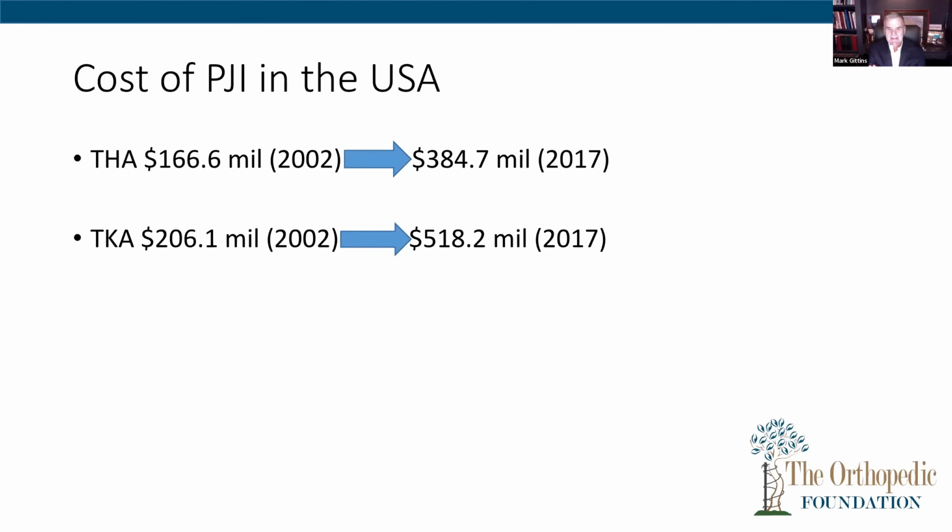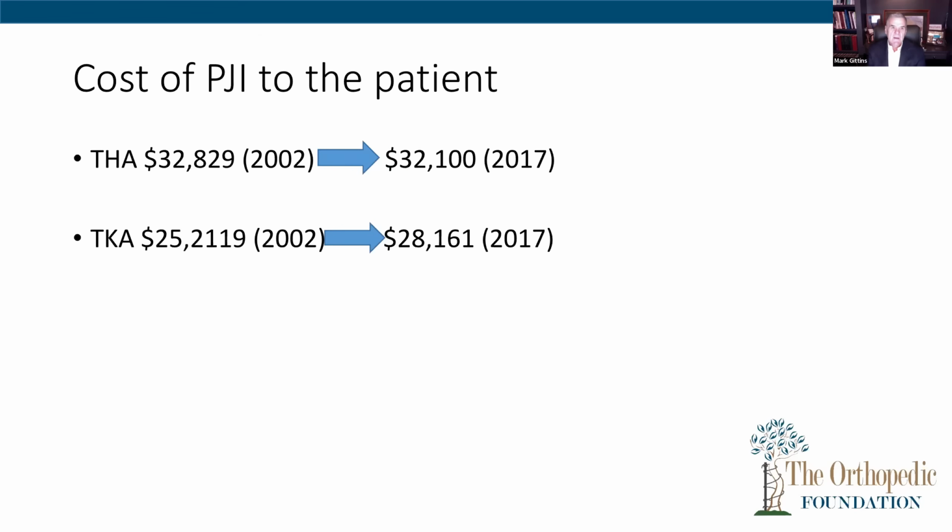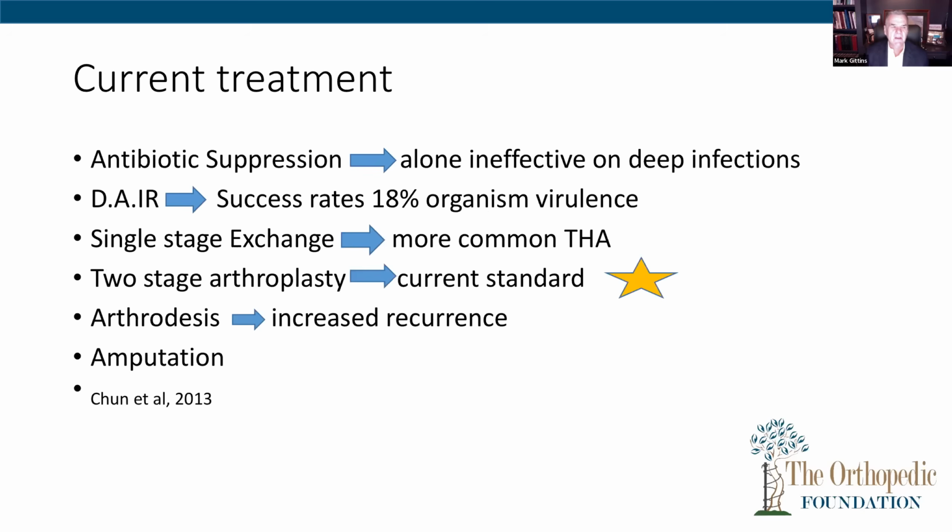So we're seeing significant dollars going towards the treatment in the U.S. budget. What's this mean to the individual patient? Somewhere around $30,000 per episode between hip and knee arthroplasty, and at least 2 surgeries. So to work on this, it's at least 2 surgeries for the patient. So there's some risk that goes with it. So it really is a significant issue for these patients.